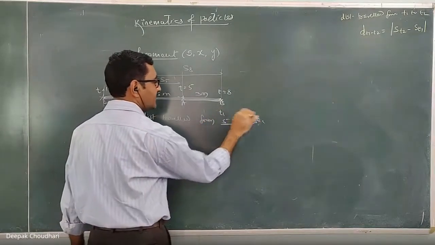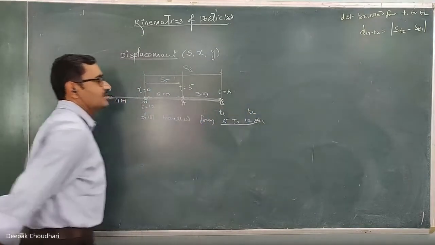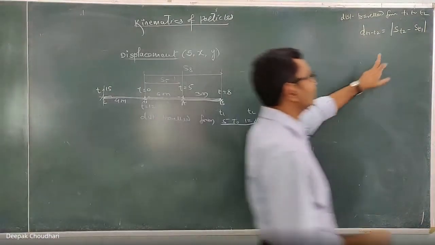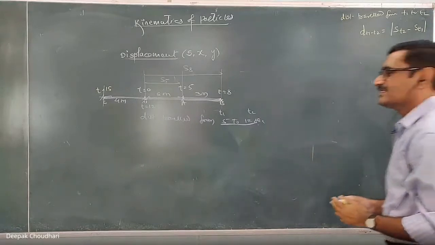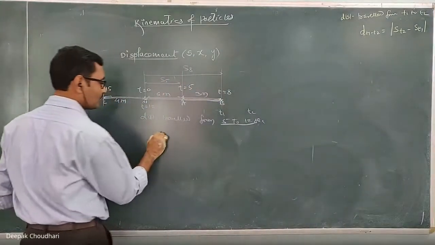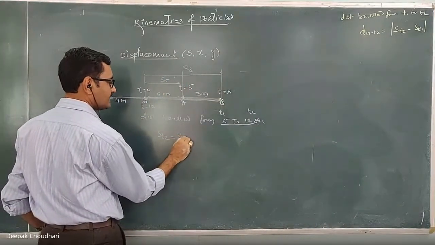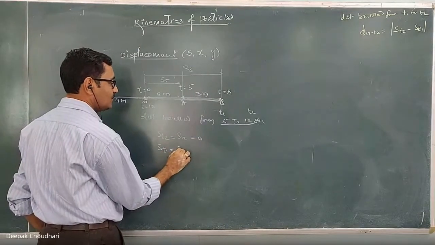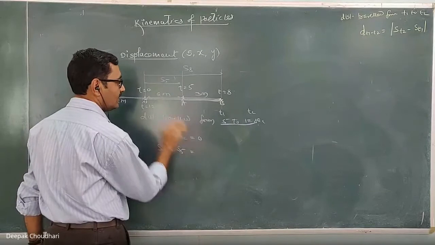Can I use st2 minus st1 here? st2, which is s12, is 0, and st1, which is s5, कितना है? 6 meter है.